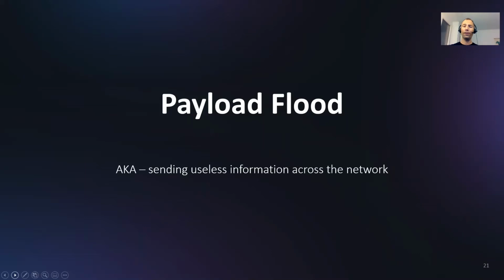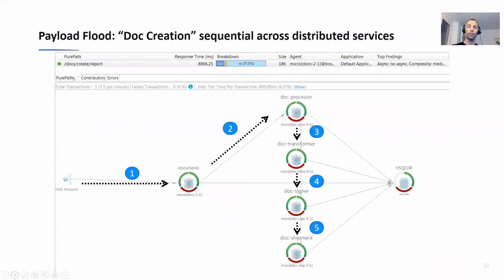Another pattern is what I call payload flood, or also known as sending useless information across the network. Here is an example of an application that was receiving an initial document that then was sent to a processor, a transformer, a signer, and then shipped the document back. So the process here was an electronic document that got individual pieces of the document signed, and then the whole document was sent back in its digitally signed version.